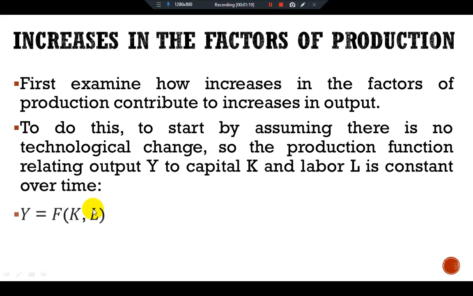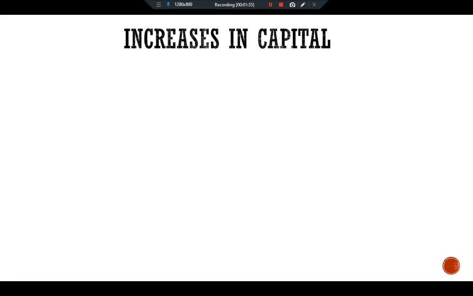So we have Y equal to a function of capital and labor. In this case, the amount of output Y changes only because of a change in the amount of capital or a change in the amount of labor.